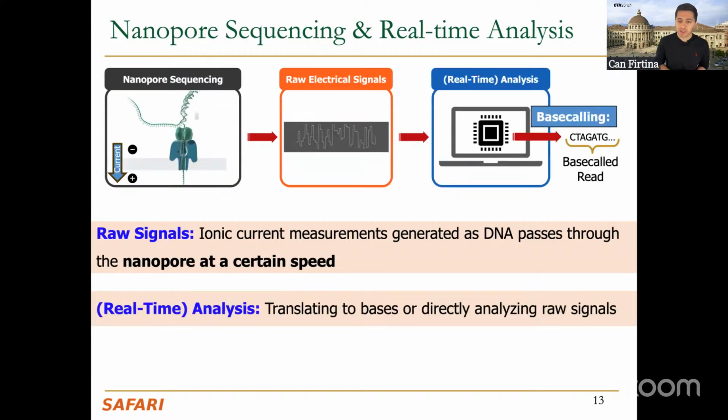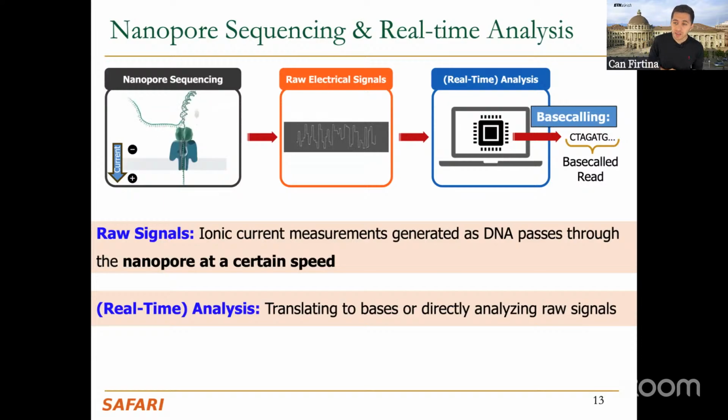Once we generate these electrical signals, we can convert them to ATGCs. This is a step called base calling. We call the bases from the electrical signals. Or we could directly analyze these raw electrical signals without base calling.